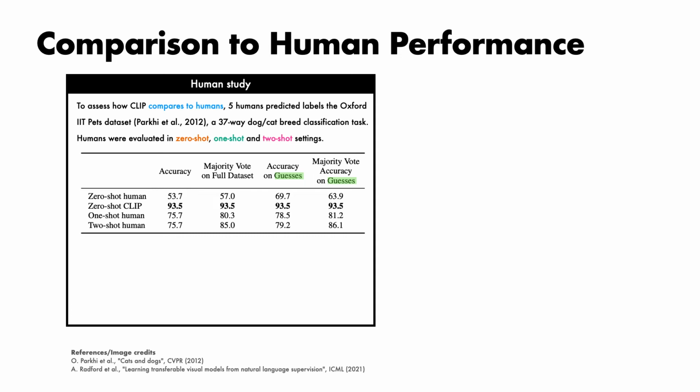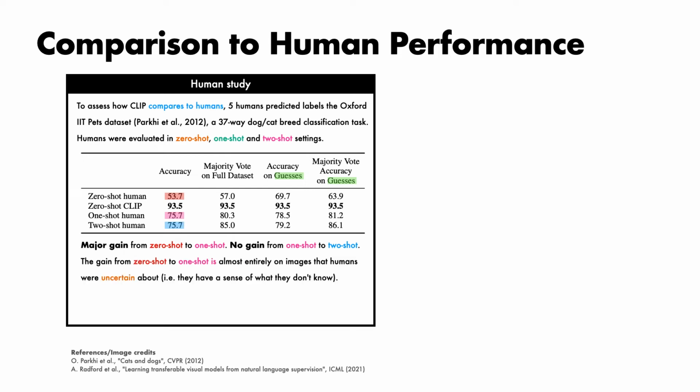A first observation is that humans get a major gain going from zero shot to one shot, but minimal further gain going from one shot to two shot. Interestingly, the gain from zero shot to one shot is almost entirely based on images that humans were uncertain about, indicating that they have a sense of what they don't know.